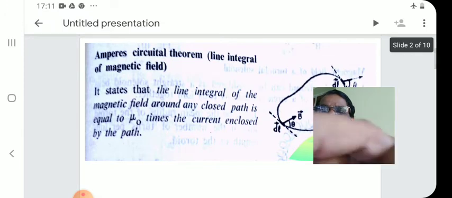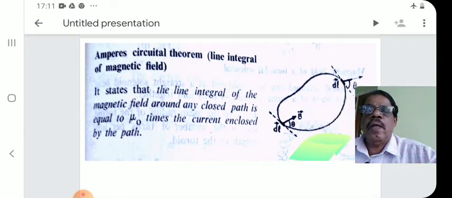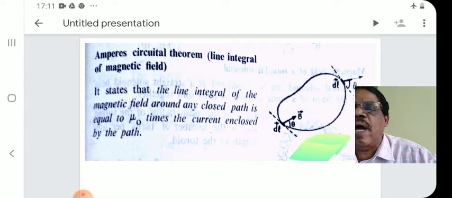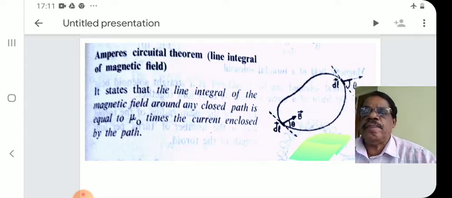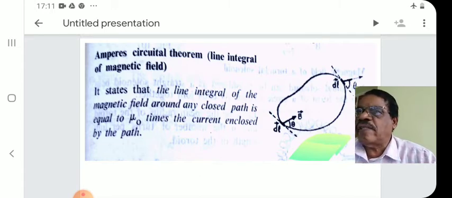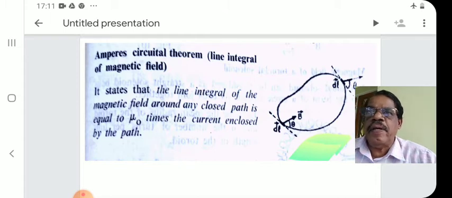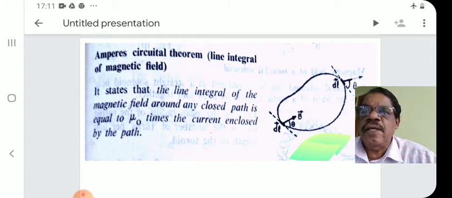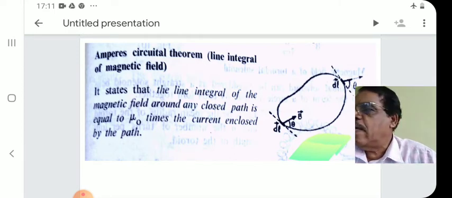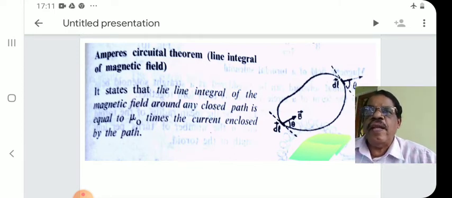Here is a statement. Ampere circuit law states that when we state Ampere circuit law, there comes a term called line integral of magnetic field. Line integral means if there is a line element dl in a magnetic field where B is the flux density, we take B dot dl and integrate it for the entire line, we get the line integral.